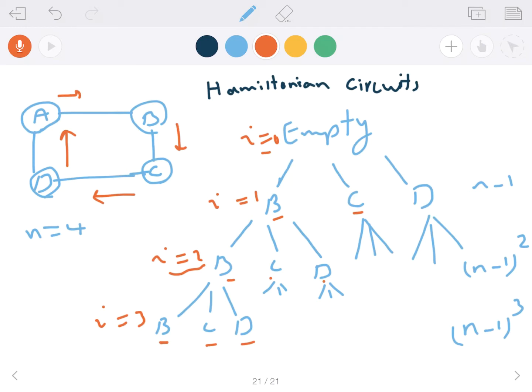So at the first level we will have only 1 node. At the next level we have n minus 1. On the third level we have (n minus 1) to the power 2, and then (n minus 1) to the power 3.